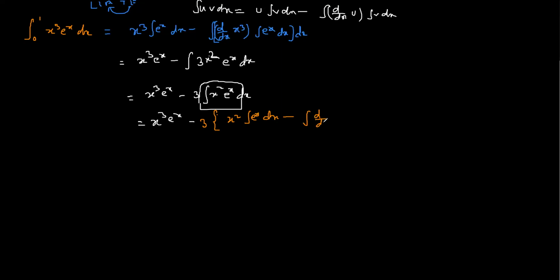Derivation of x square is 2x, and integration of e to the x.